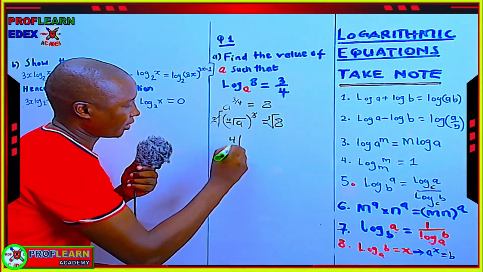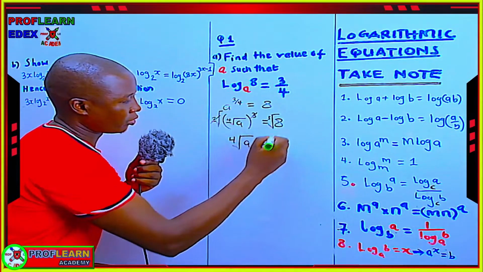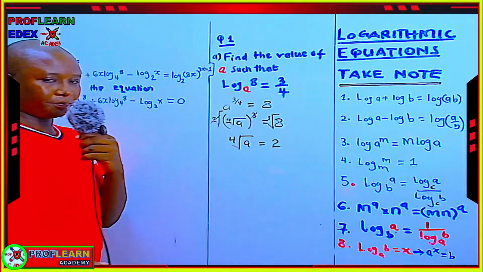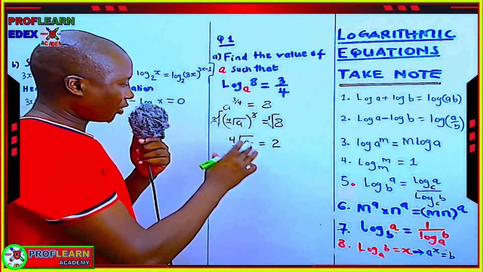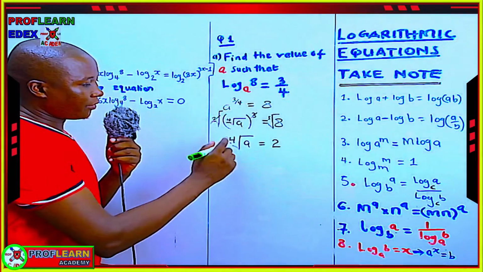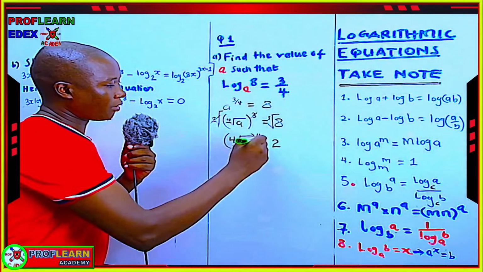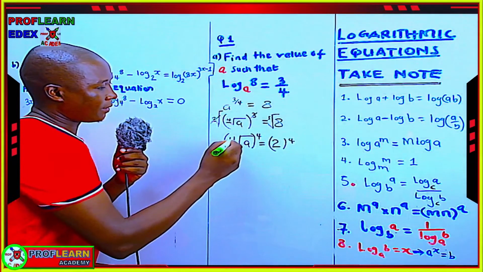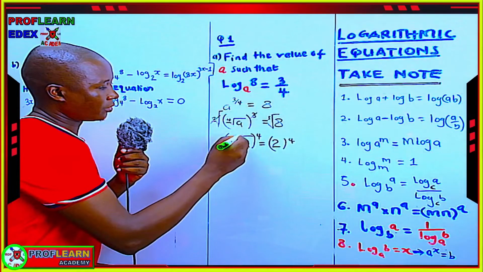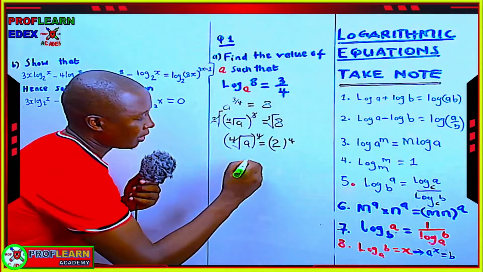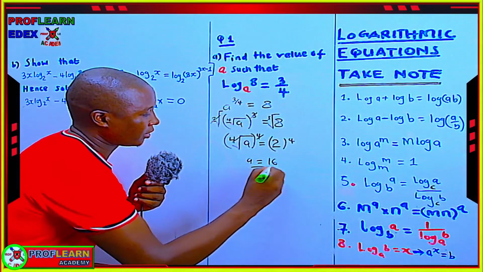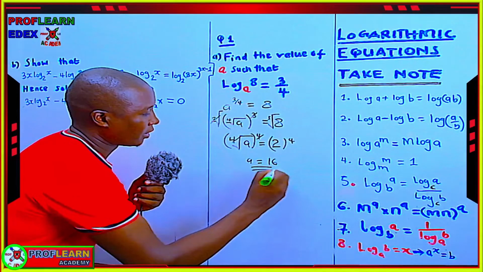We end up having the fourth root of a equal to the cube root of 8, which is basically 2. Now, in order to get rid of the fourth root, we are going to raise to power 4. We raise to power 4, and of course this and this will cancel out, and we shall have our a equivalent to 16 as our final answer at this point.